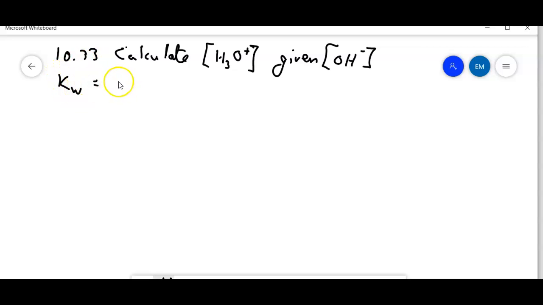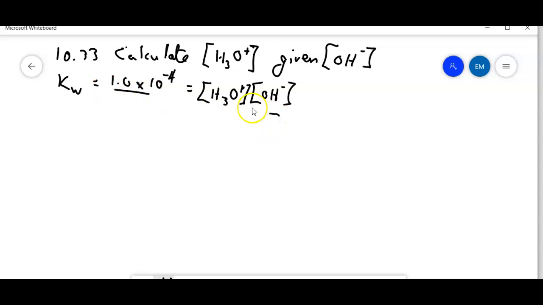Okay, K sub W is equal to 1.0 times 10 to the minus 14th, and that's equal to the concentration of hydrogen ion times the concentration of hydroxide ion. Now you want hydronium ion, hydrogen ion, so you're going to divide this by this, and when you work through that, you're going to see that H3O plus concentration is equal to 1.0 times 10 to the minus 14th.